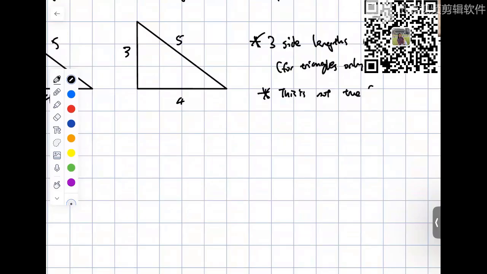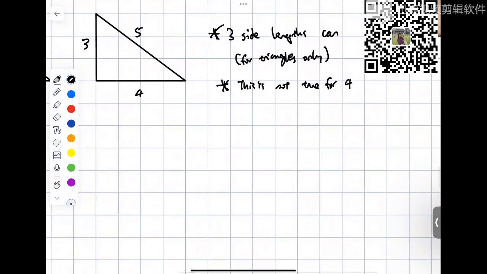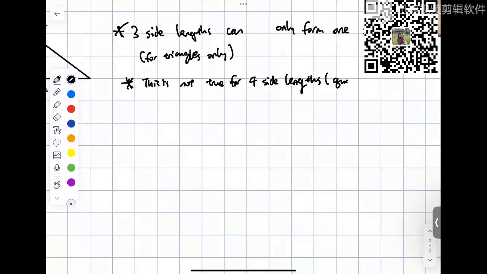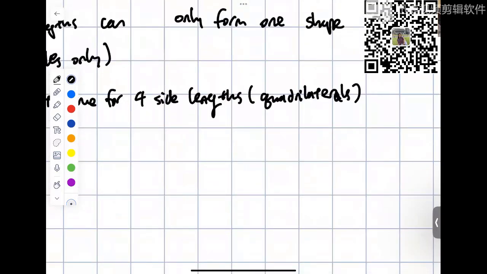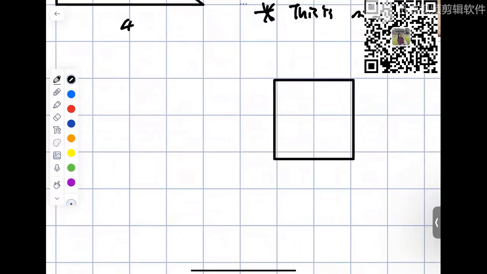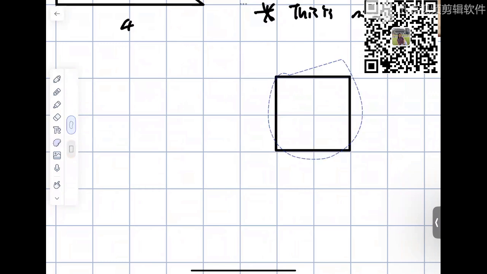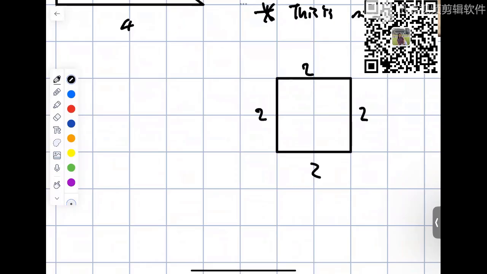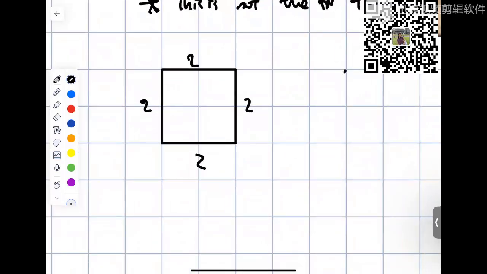I'm going to use an example. Quadrilaterals. For example, you can have a square of side length 2, right? But you can also have a rhombus of side length 2.